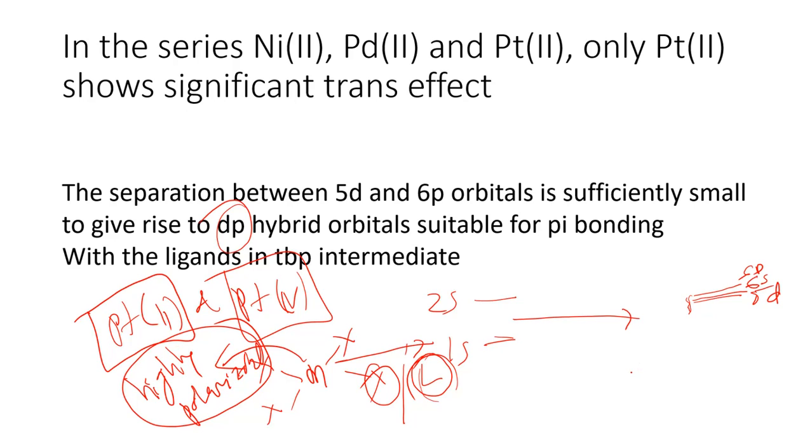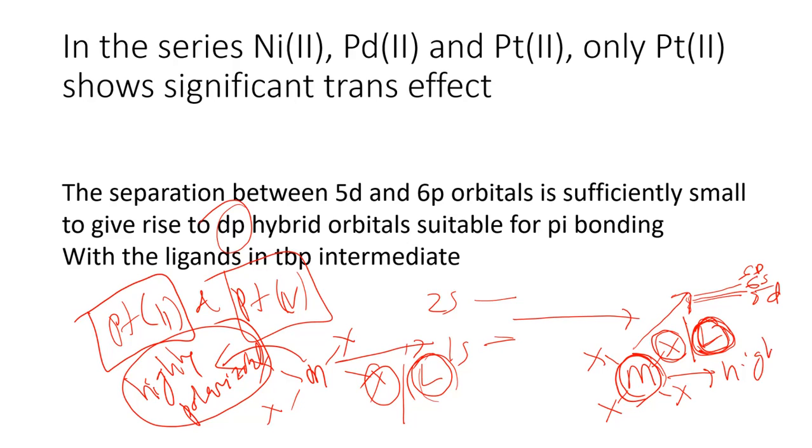I am summarizing again: in the first theory we learned that when M is attached to 4 symmetric ligands, and one of the ligands is replaced by a ligand L, and suppose L is more polarizing, then it would show the trans effect. When L is more polarizing, it tries to pull the electron density towards itself. Then the central metal atom should be highly polarizable, otherwise it would not show the trans effect.